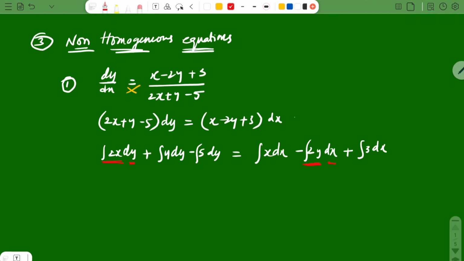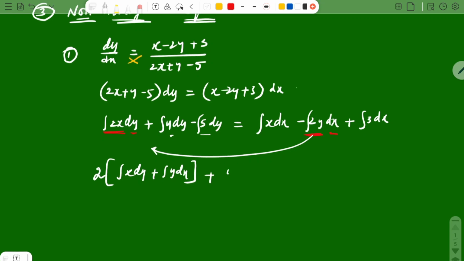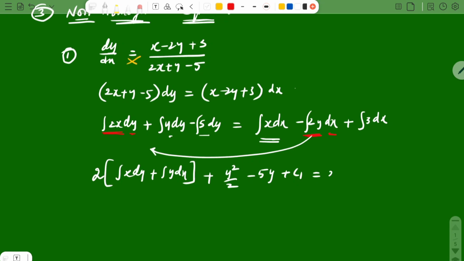So write this separately by sending the y to the left hand side. Taking 2 outside, integral x dy, and minus becomes plus, integral y dx, writing together, and the remaining integration, integral y dy, which can be written as y square by 2, minus 5 constant into y and constant 1, which is equal to integral x dx. So we can write x square by 2 and plus 3 is a constant, 3 outside into x, plus constant 2.